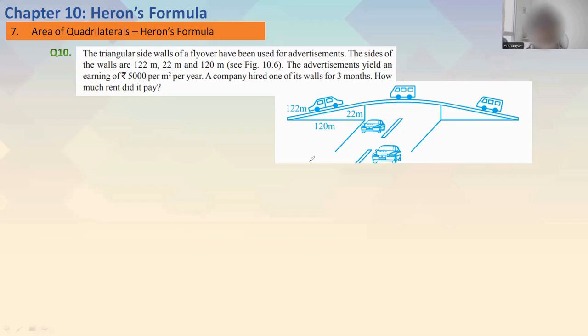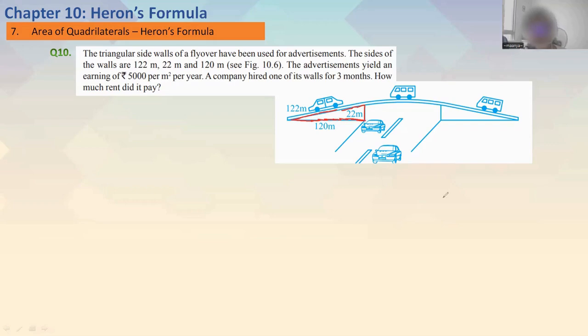So, notice the advertisement section on the flyover here? You do, right? It's right here. It is triangular, as you can see. It's sort of visible as a right angle triangle, but forget that for now.